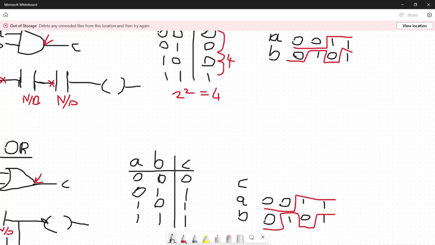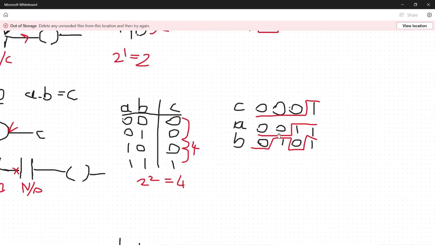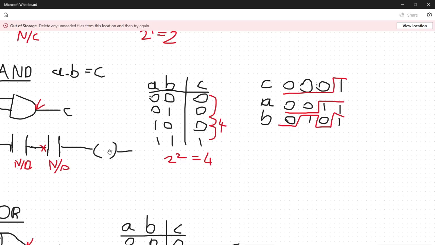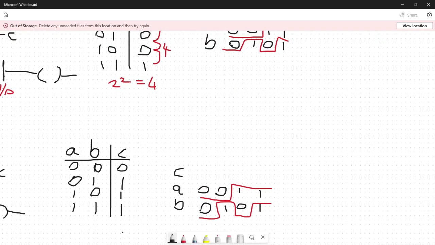Now, unlike with an AND gate, where the second we saw a 0, we knew we were going to have a 0 output because it's multiplying, with an OR gate, when we're adding, we just need to see a 1. So here we have 0, 0. Well, that's obviously going to be 0 because no power plus no power gives no power.